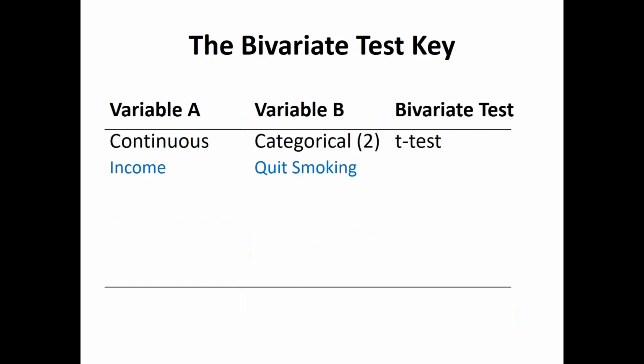Okay, the bivariate test keys. As we said before, we had variable A, the continuous variable income, and variable B, a categorical variable with two categories, quitting smoking, yes, no. So we're going to test that relationship with an independent samples t-test.